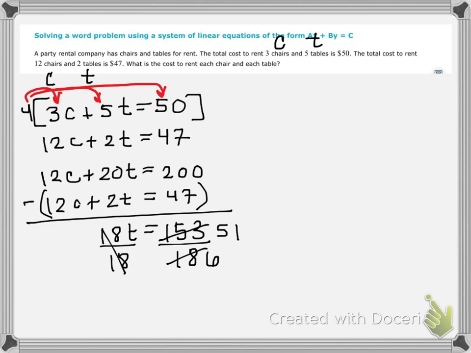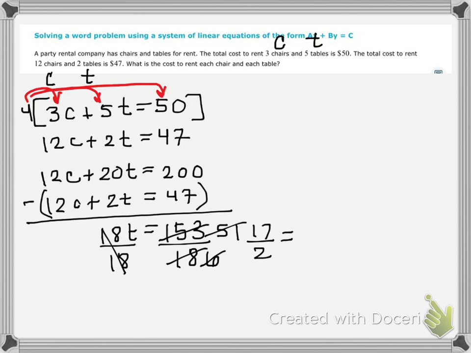That's interesting. 51 over 6, and that is not divisible by 6. 3 goes into this 17 times, and 3 goes into this 2 times. So 17 over 2. What is the cost to rent each chair and each table? So, I mean, I guess we could have a, it doesn't have to be a nice, neat whole number when we're solving these.